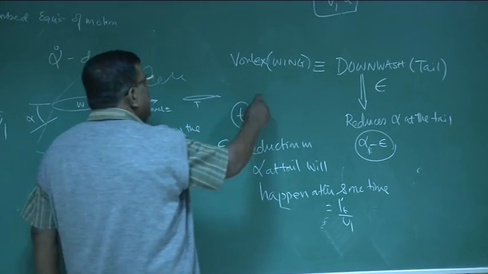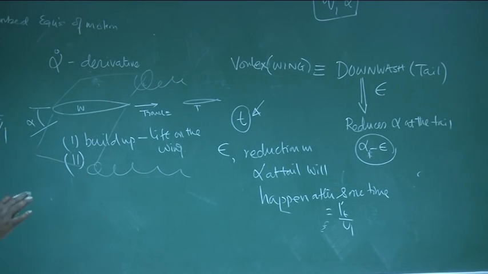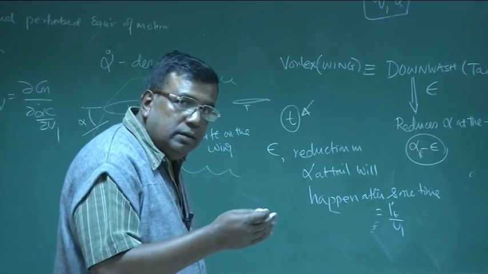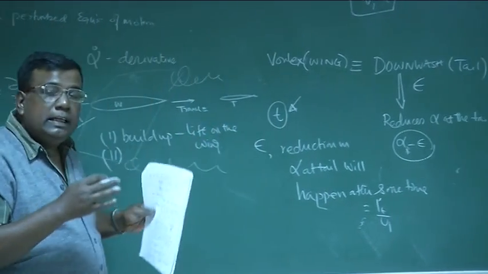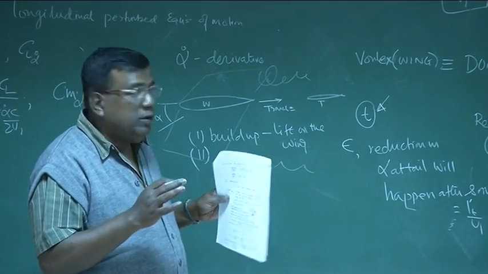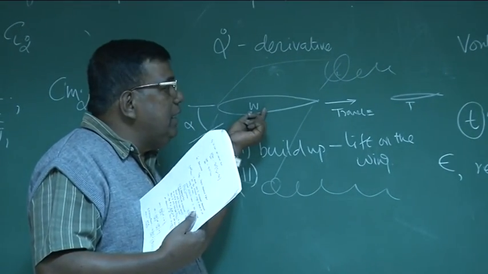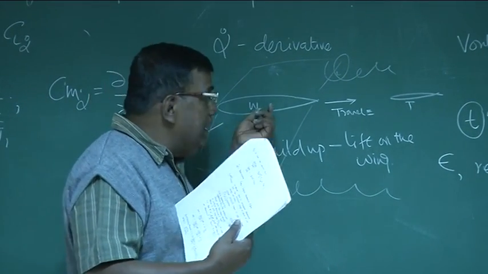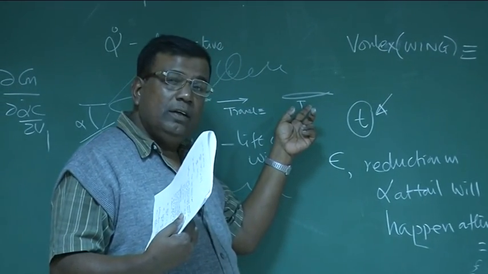If I am looking at time t, then the downwash seen by the tail will happen later, at time LT by U1. At time t, the vortices are generated from the wing, so at that time this effect has not been felt by the tail, correct?